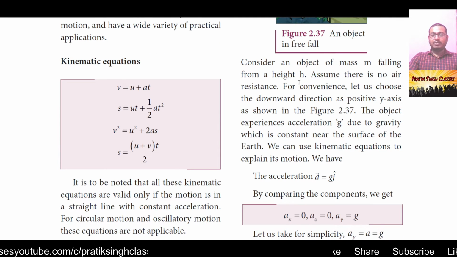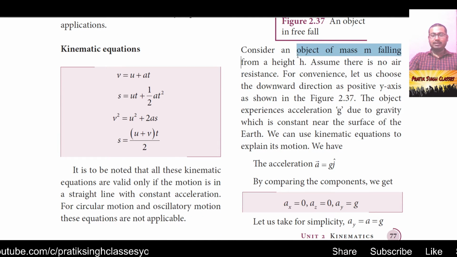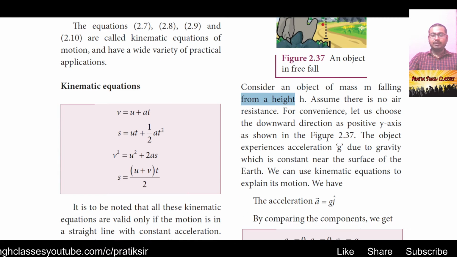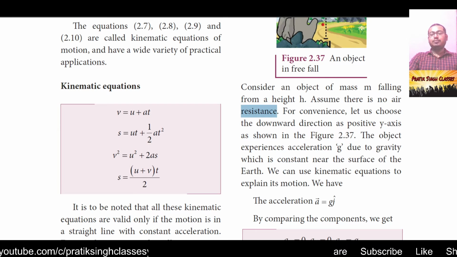Consider an object of mass m falling from a height h. The mass of this ball in the boy's hand was m and its height from the ground was h. Assume there is no air resistance, that means the object falls in such a way that there is no resistance because of air.